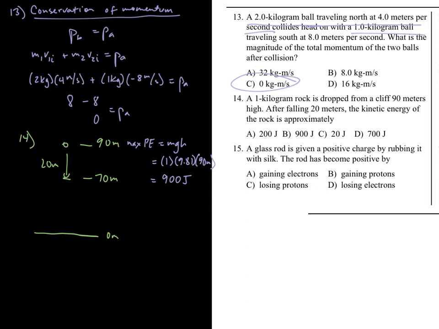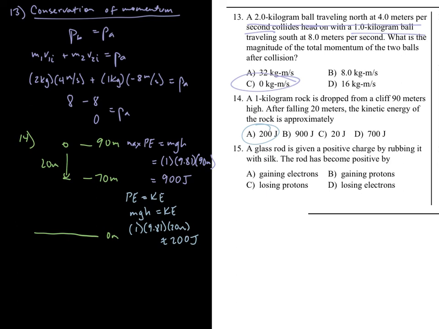So within those 20 meters, it transferred all of that potential energy into kinetic energy. So this is almost the same as saying that potential energy after 20 meters is equal to kinetic energy here. So let's figure out the potential energy of 20 meters. And this is approximately 200 joules.